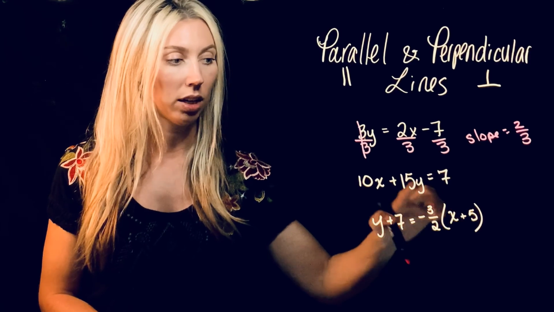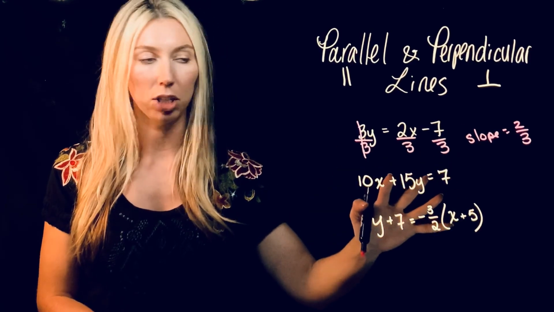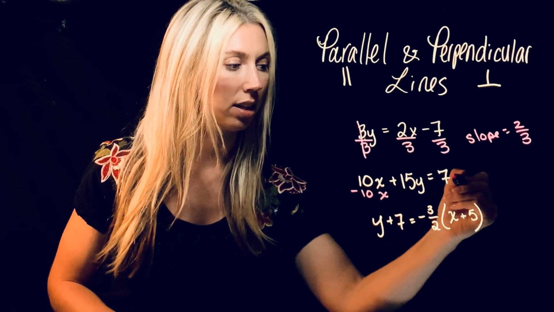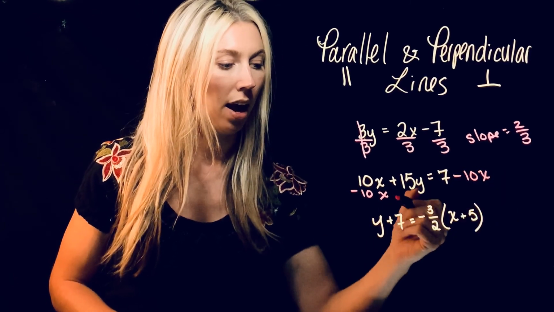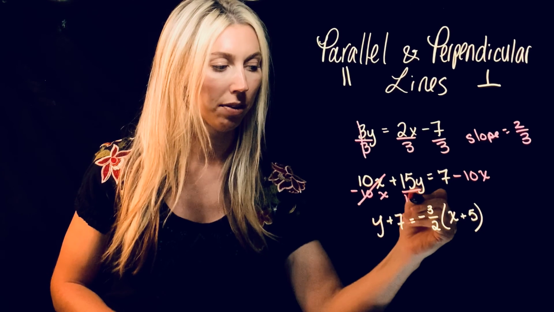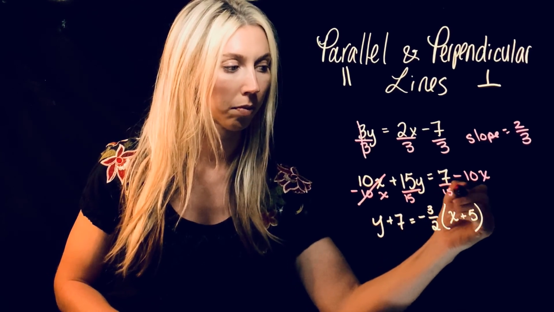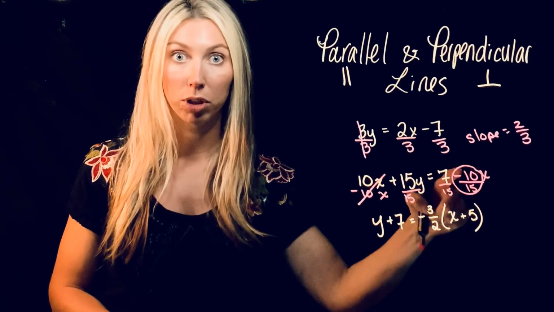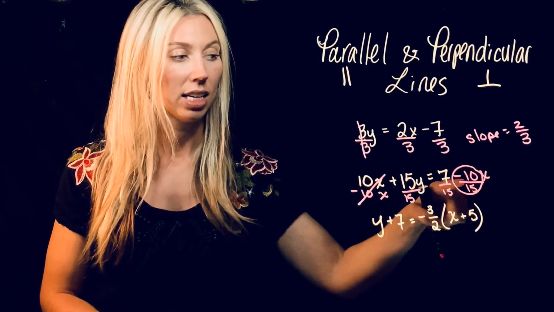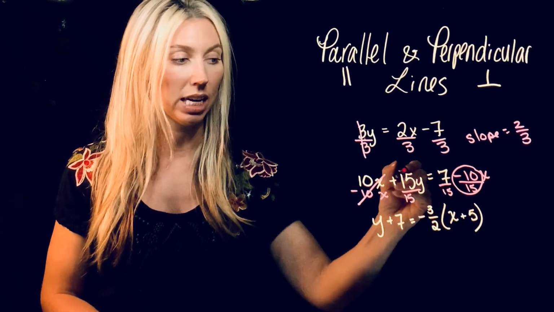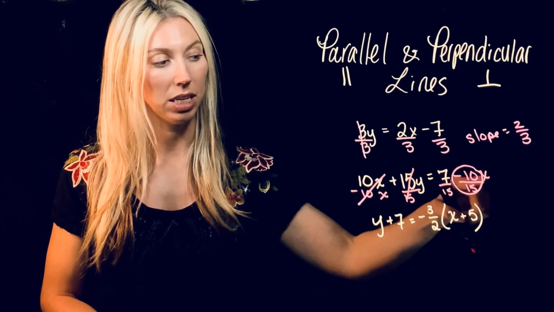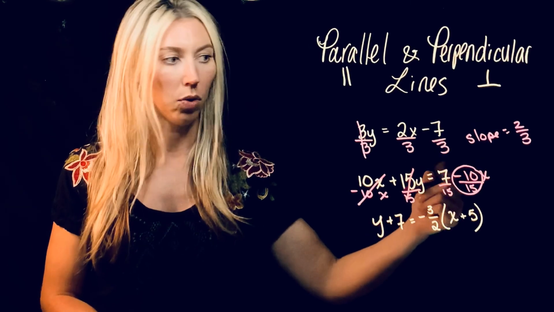So in this one, let's try to figure out what the slope is by moving everything to the other side. I'm going to move 10x to the other side, and then I'm going to divide everything by 15. And I can see right here my slope, which is the coefficient of x, is going to be negative 10 over 15, because this equation is y equals negative 10 over 15x plus 7 over 15.